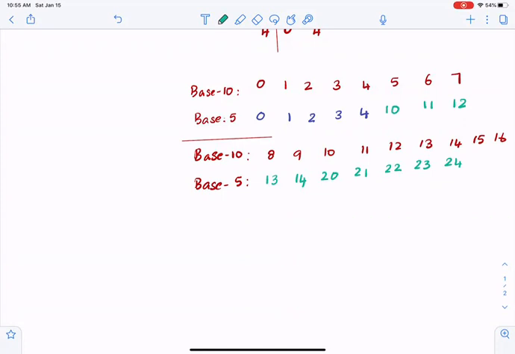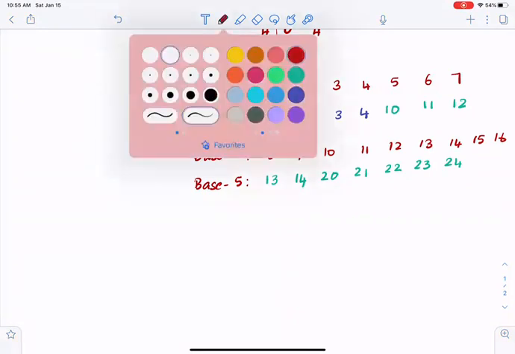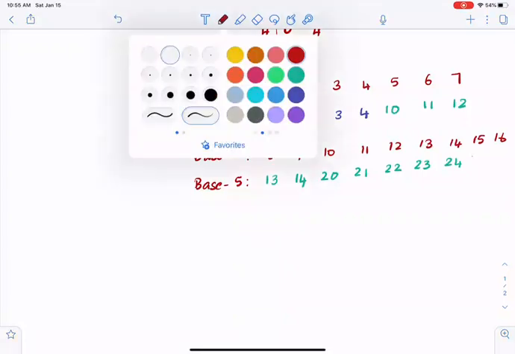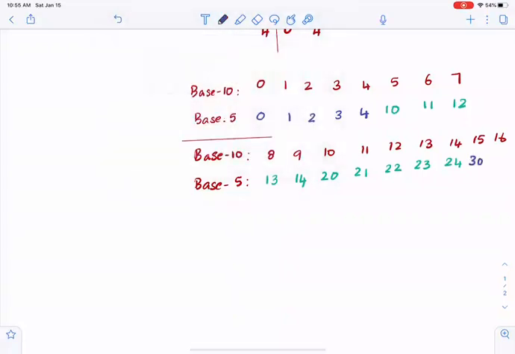7, 8, 9, 10. The next one is 15. I can't put 2, 5. So I go back, cycle again. 3, let me use a different color. 3, 0, 3, 1. The next would be 3, 2, 3, 3, and so forth.